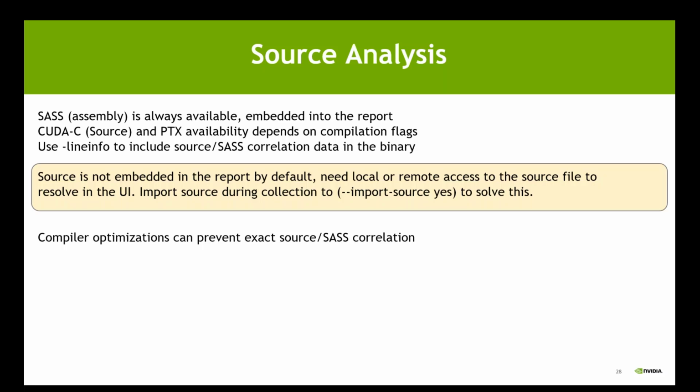So if you're using CUDA-C and you want the compiler to embed this correlation information that we used to correlate the left-hand and right-hand sides, you need to tell it about it. For NVCC, that's the -lineinfo flag, for example. But if you're using a different compiler, like a PGI compiler or something, that flag may differ, and you need to check with the compiler vendor what it is.